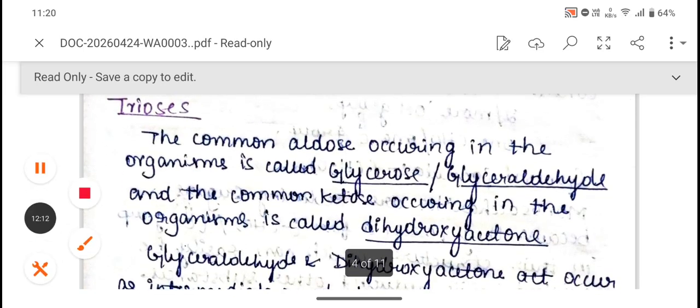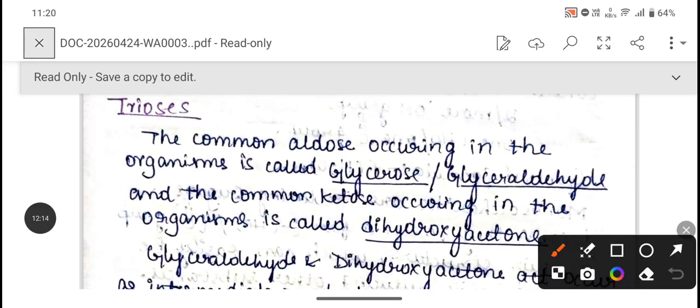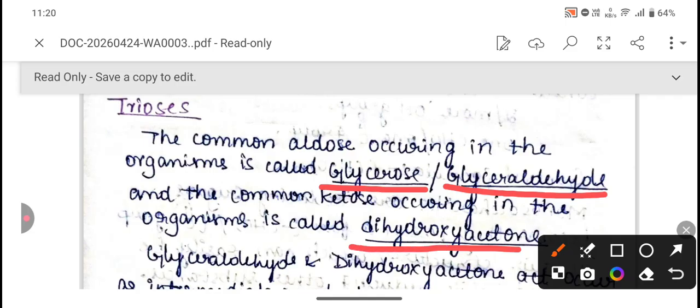Among trioses, the common aldose occurring in the organism is known as glycerose. One such example is glycerose or glyceraldehyde. You can remember it like this: as it consists of an aldehyde group in its structure, it can be referred to as glyceraldehyde. And the common ketose occurring in the organism is dihydroxyacetone.